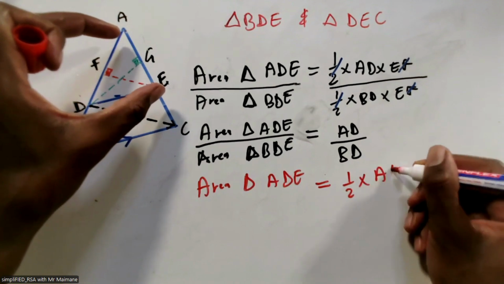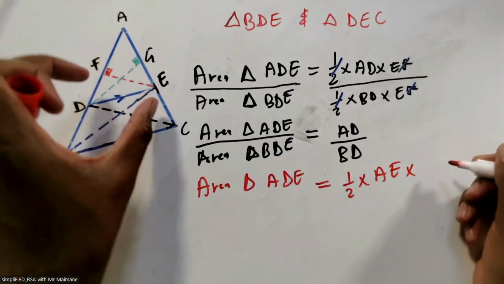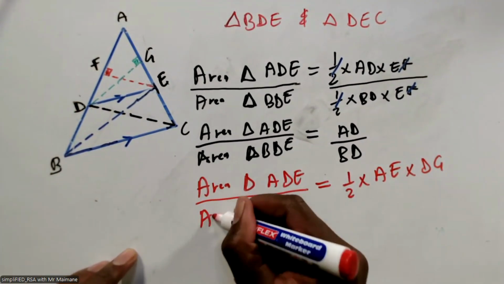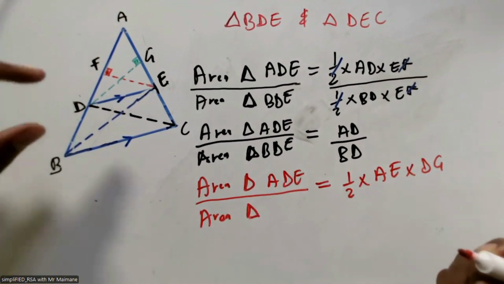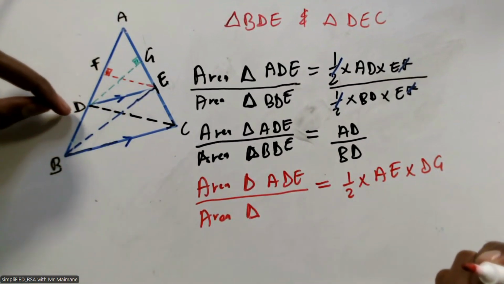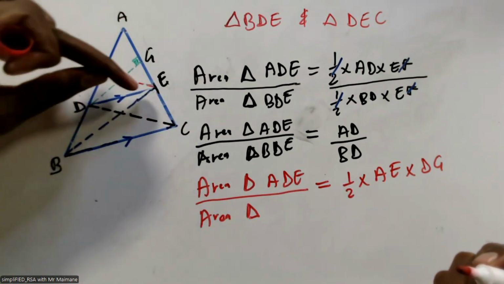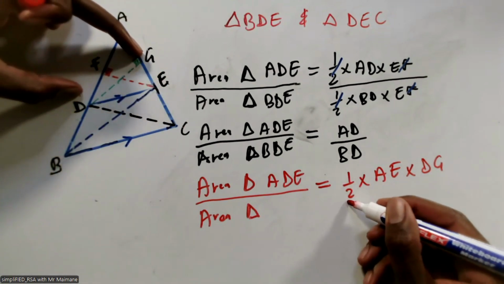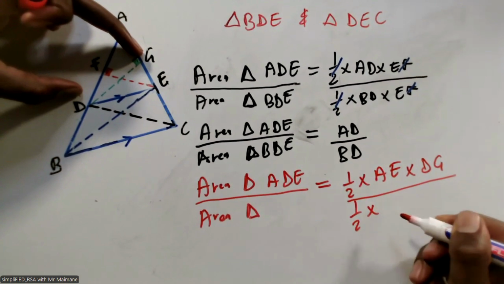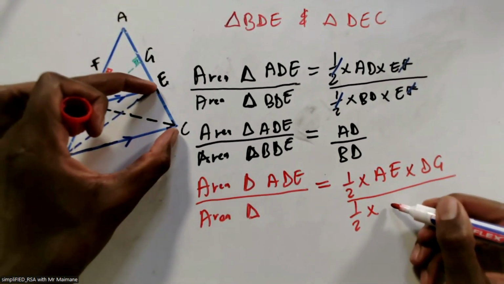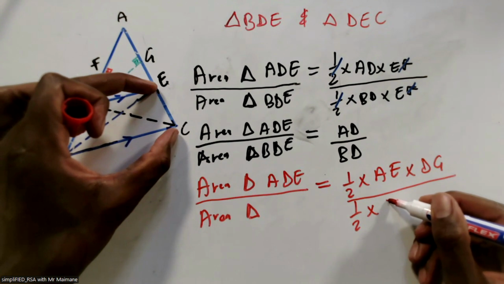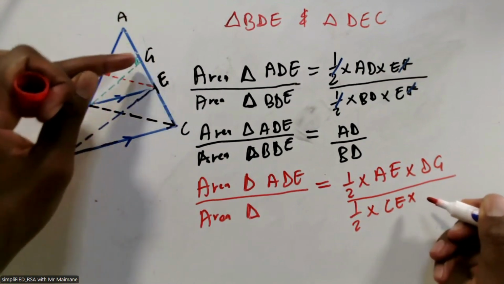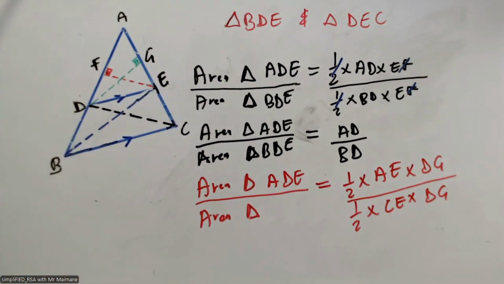So the base would be AE times the height, which is DG, all over the area of triangle DEC. Triangle DEC has the height DG as well. So it's going to be 1 over 2 times the base for DEC, which is EC or CE, times the height, which is DG.